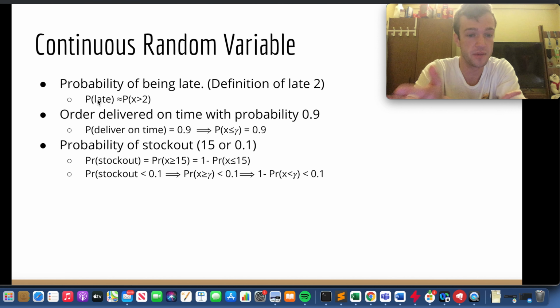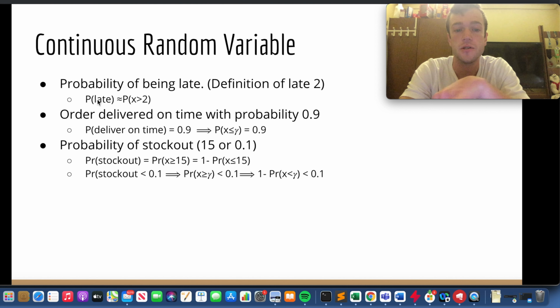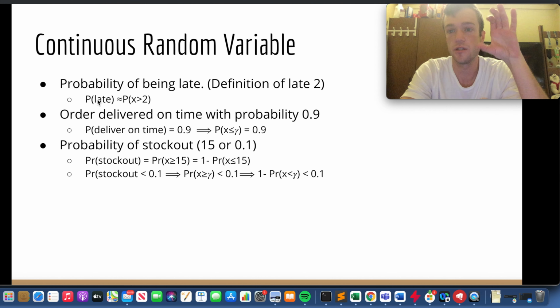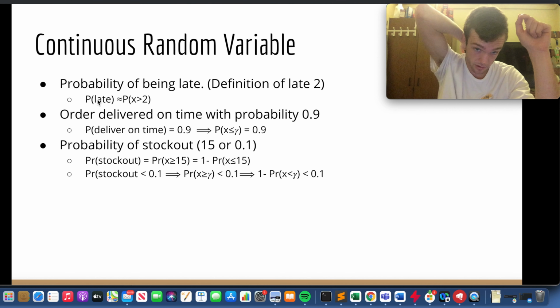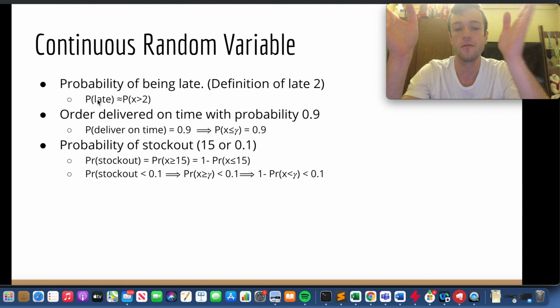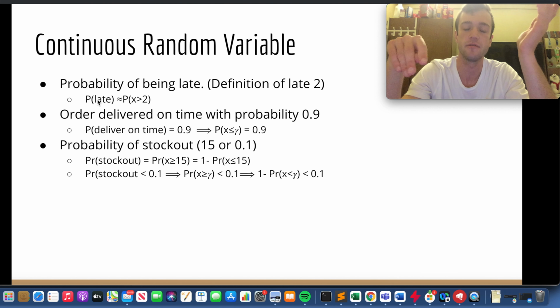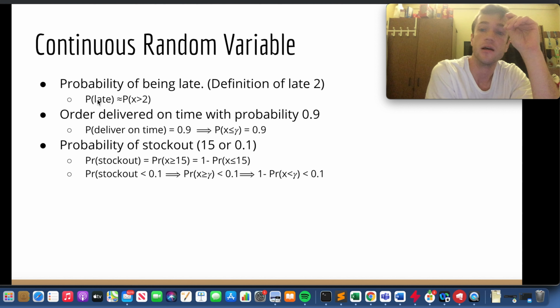Moving on to a probability of stock out of 0.1, that's the probability of x greater than or equal to gamma, where gamma is your stock. That would be the answer they're looking for. So gamma is such that the probability of x greater than or equal to gamma is less than 0.1, or 1 minus the probability of x less than gamma is less than 0.1.